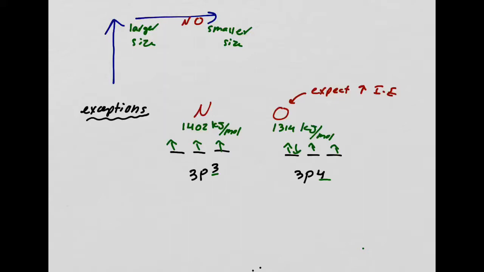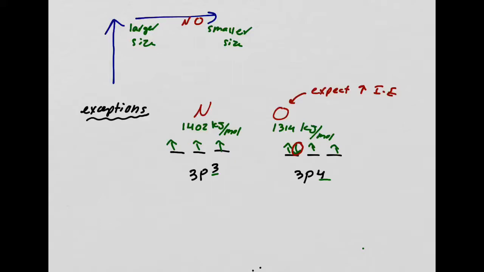Now, if oxygen loses an electron, it's going to look really nice, doesn't it? If oxygen loses an electron, it's going to have half-filled orbitals. It's going to look prettier.